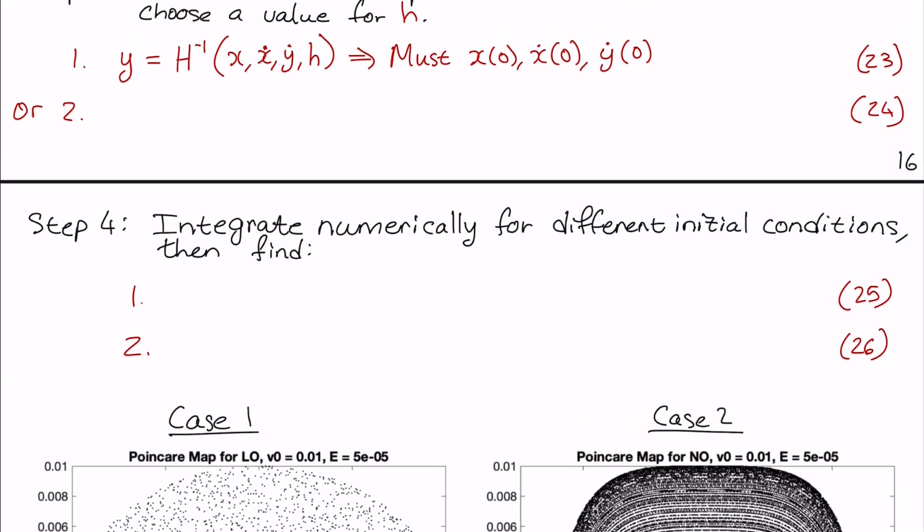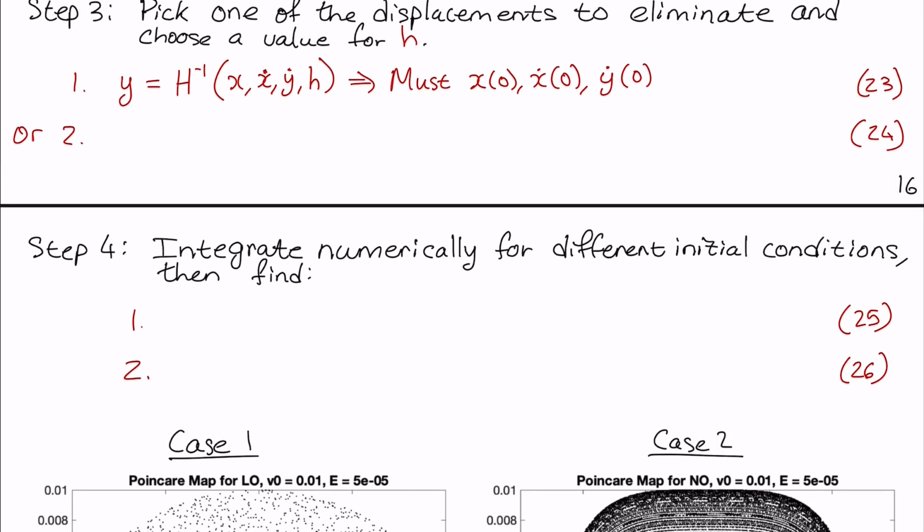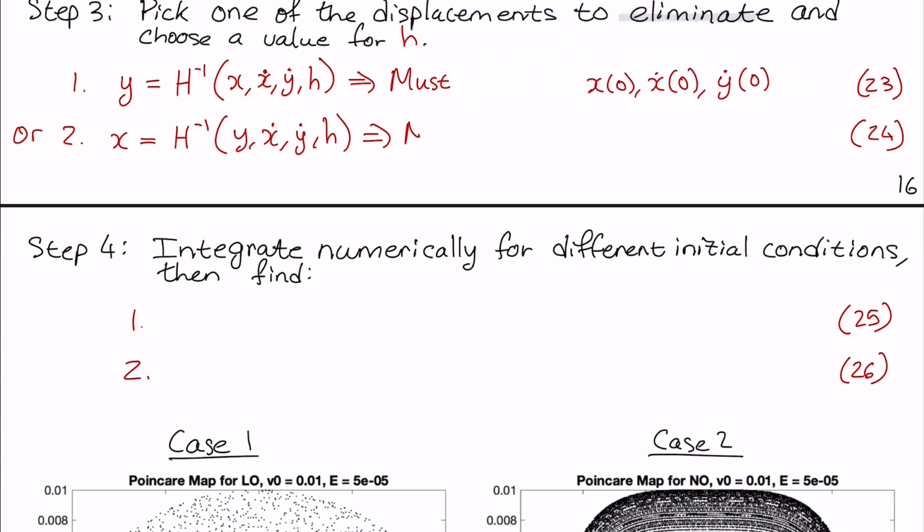Alright, so if we're going to do this for the NO, what we need to do is define x as being equal to h inverse of y, x dot, y dot, and h. And here we need to specify, and I left out the word specify above, so let me go ahead and add that.